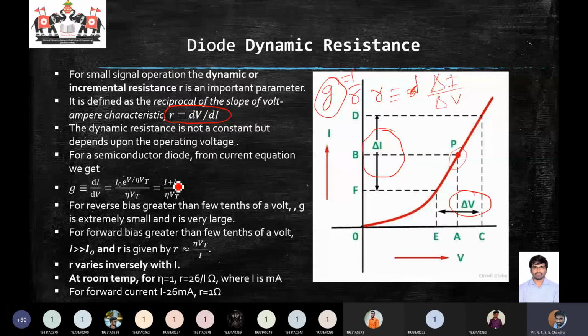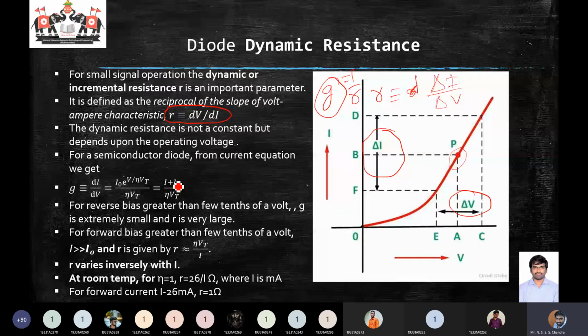So your resistance is large. If the resistance is large, your conductivity, which is nothing but the reciprocal of your resistance, will be small in reverse bias. Whereas in forward bias, your I will be greater than I naught.